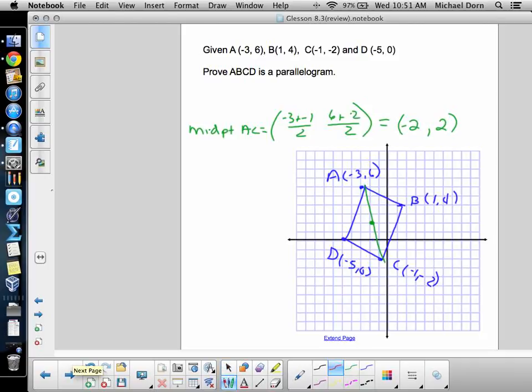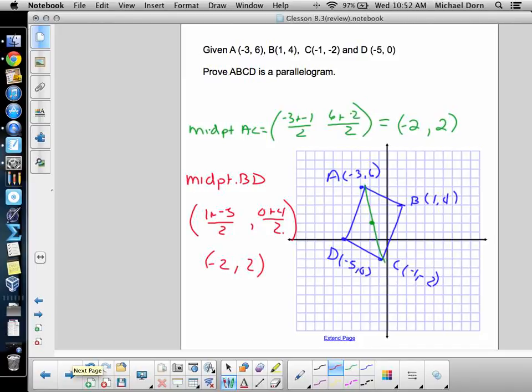And I find the midpoint of the other diagonal. And again, I label, what am I finding? Find the midpoint of BD. I set up my formula, and I plug my numbers in. 1 plus negative 5 over 2, 0 plus 4 over 2. That's negative 4 over 2, that's negative 2, 2.